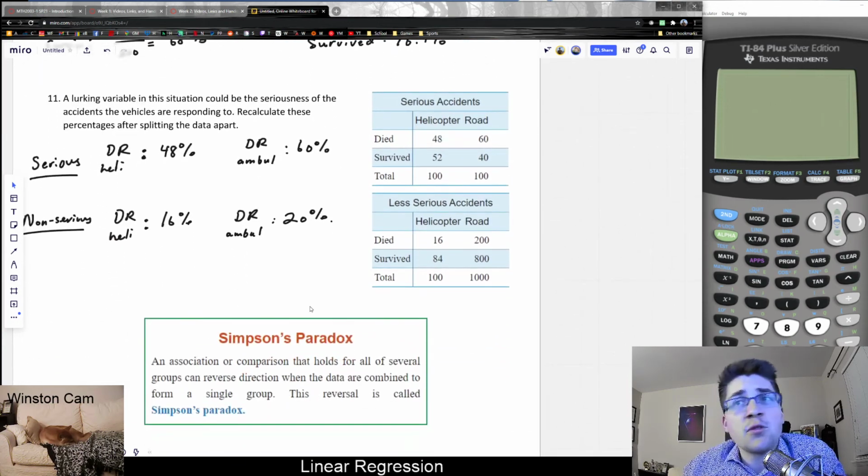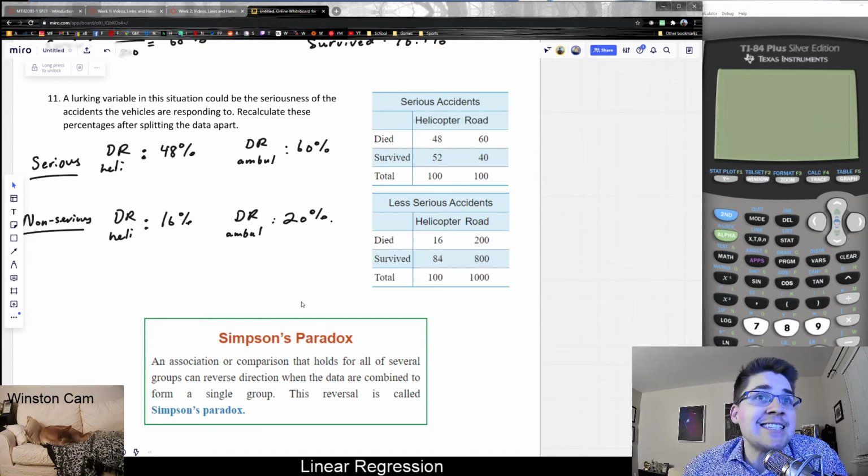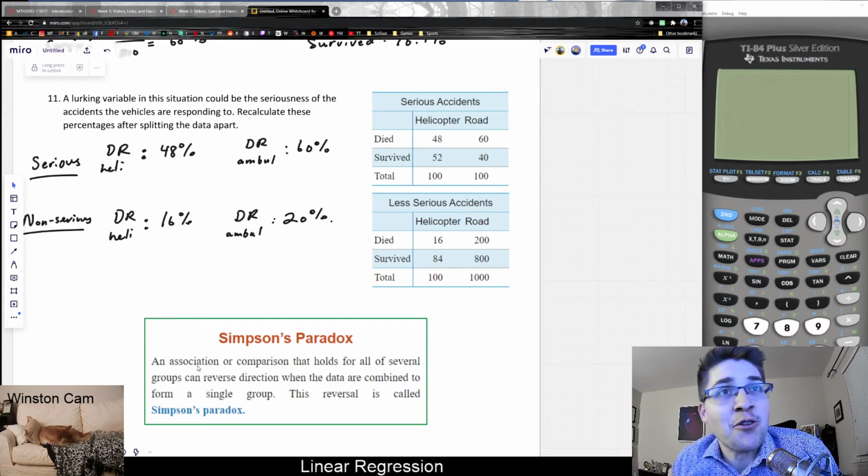And this is often what's referred to as Simpson's paradox, where when data is clumped together, it can be very misleading. But when it's separated, it gives us a more clear picture of what's actually happening. And statistics, as we talked about in class, can be used in a misleading way, like using a regression line that has an R squared of 0.03, like the California building code has for parking lots and fast food restaurants.